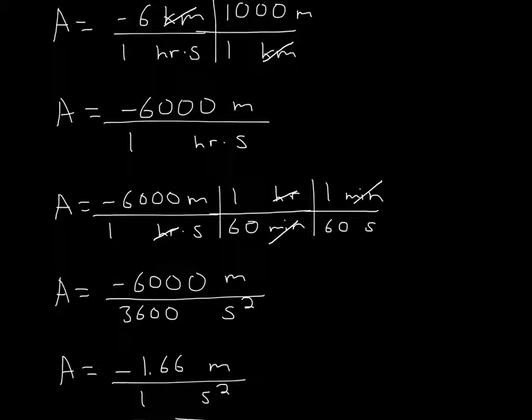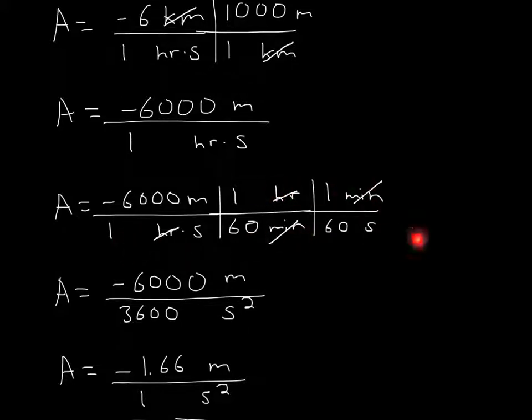All I did here was say that 1 hour is equal to 60 minutes, and 1 minute is equal to 60 seconds. That's all I did. Then you can multiply straight across from the top and the bottom. You'll get negative 6,000 meters because there's no other units.